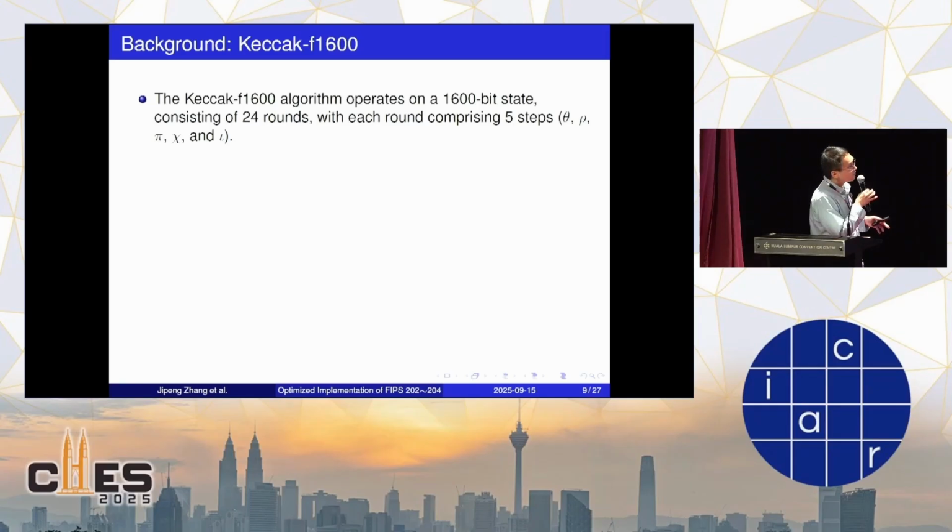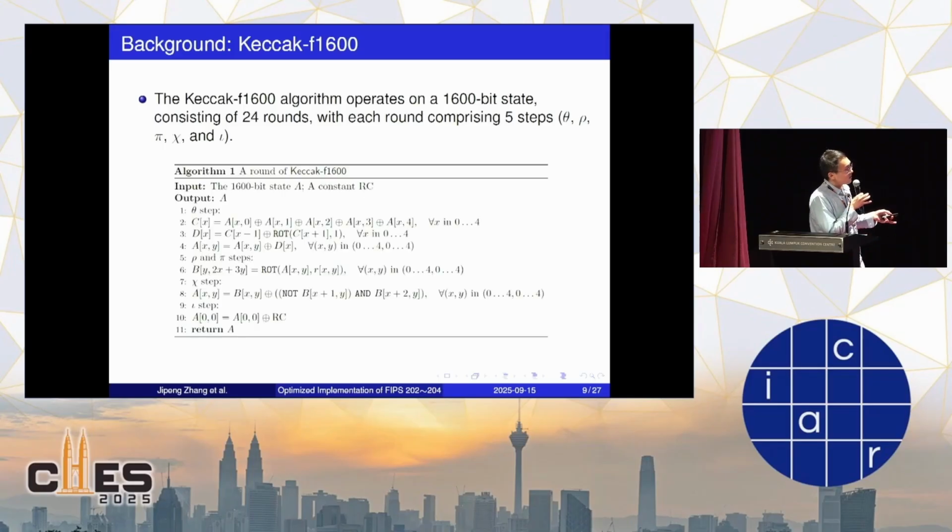The Keccak-f1600 algorithm operates on a 1600-bit state and consists of 24 rounds, with each round including 5 steps. This is the algorithm of one round. We can see that all of the calculations mainly involve logical instructions, for example, XOR, rotation, NOT, and AND.